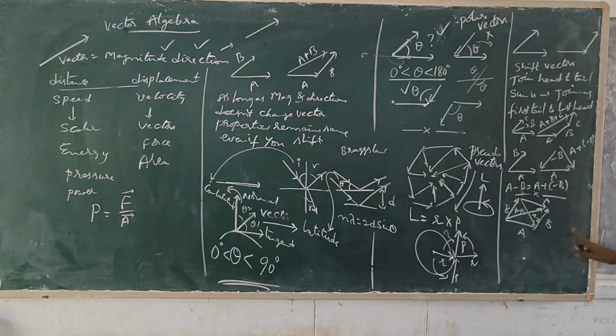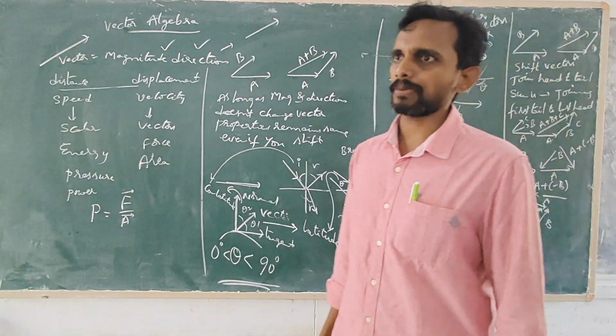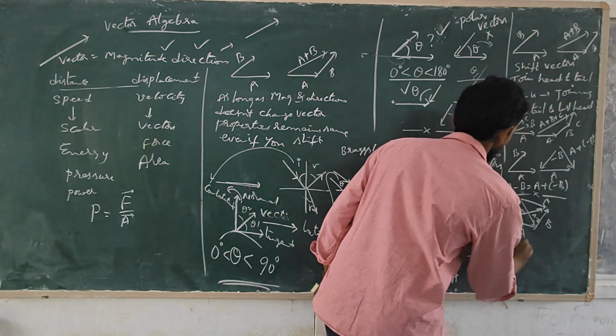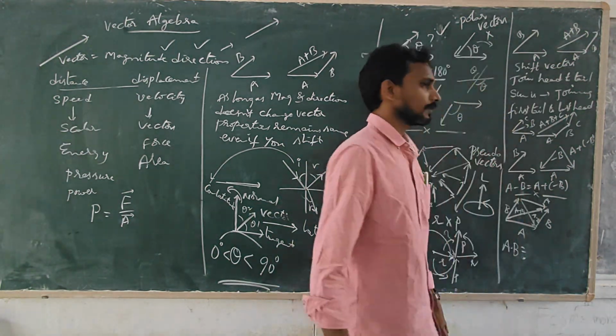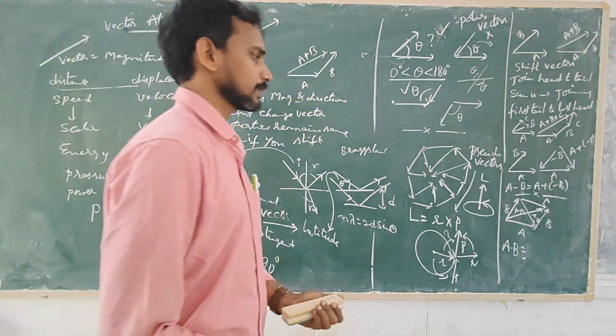One way you are constructing a triangle by shifting the vectors, the rule is the same. But the only additional information you can get from the parallelogram law is that you can calculate the dot product directly.